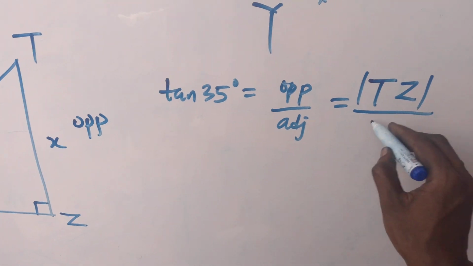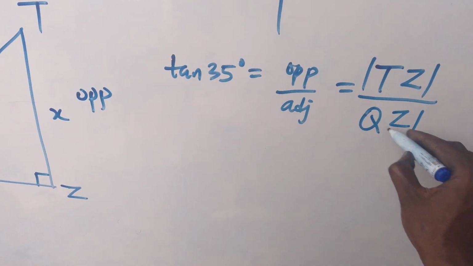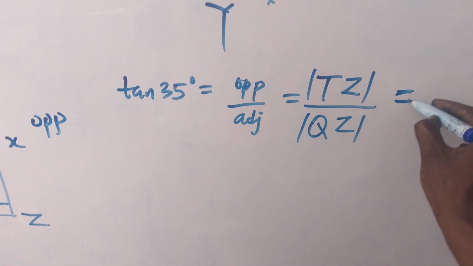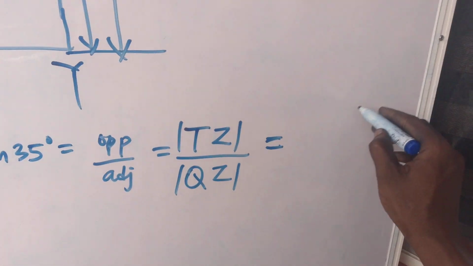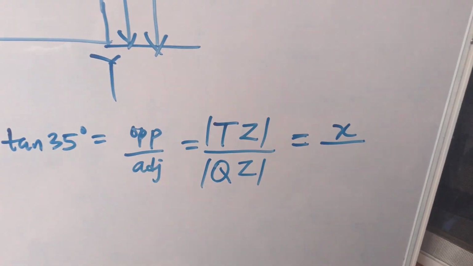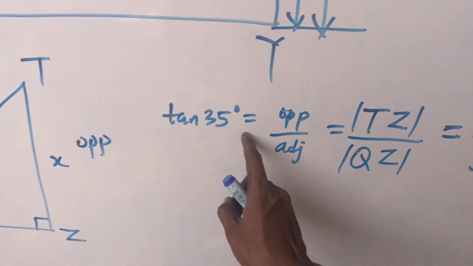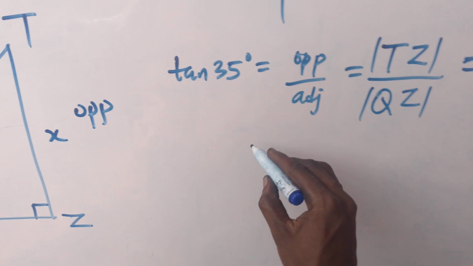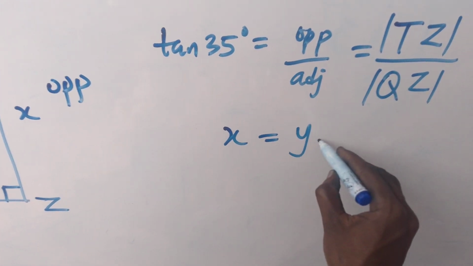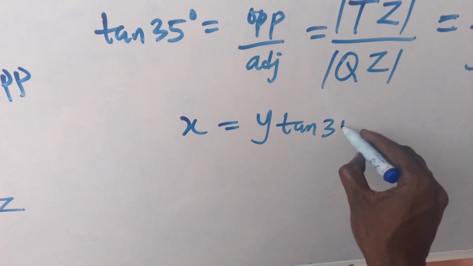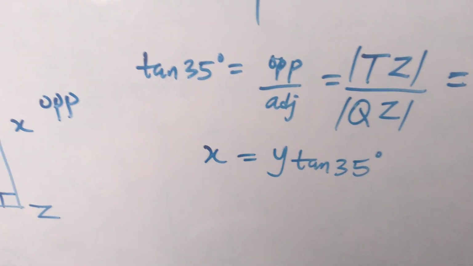The adjacent is QZ. TZ is X, and QZ is Y. So I'll cross multiply this, and now I'll have that X is equals to Y tan 35 degrees.